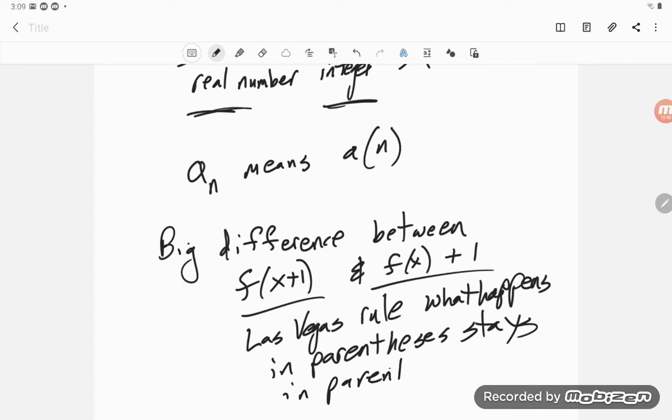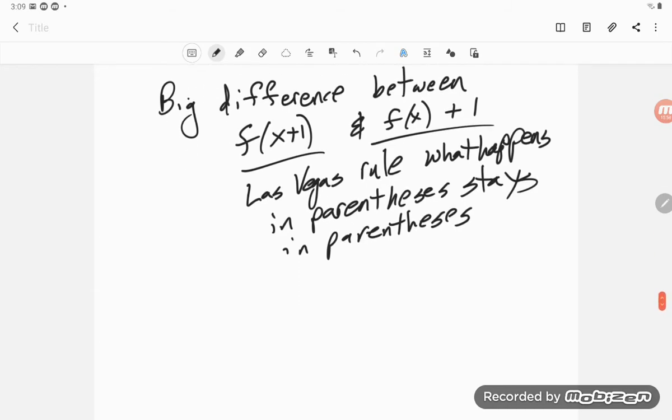Okay, so that's why I call that the Las Vegas rule of parentheses in function notation, right? What happens inside those parentheses stays in those parentheses. That's something very, very different than saying this f of x plus 1.